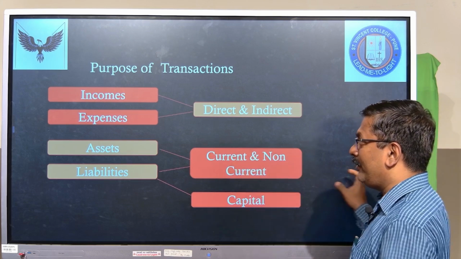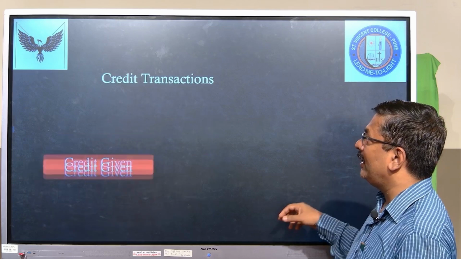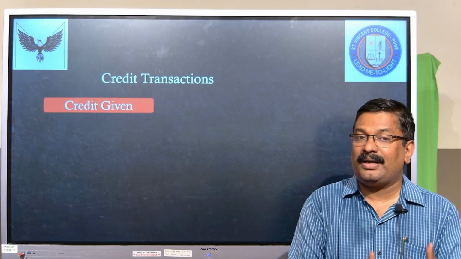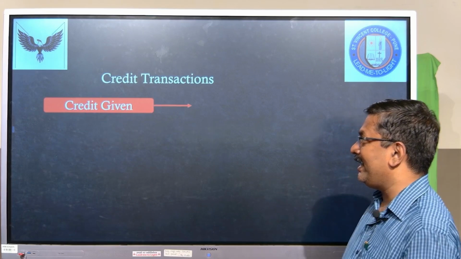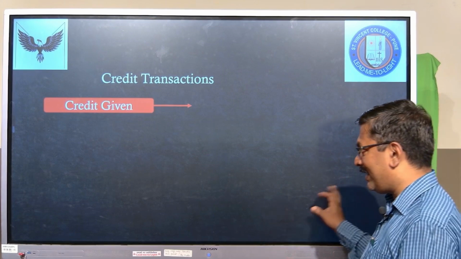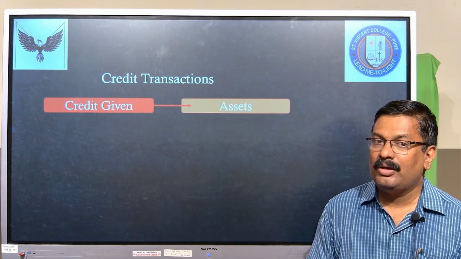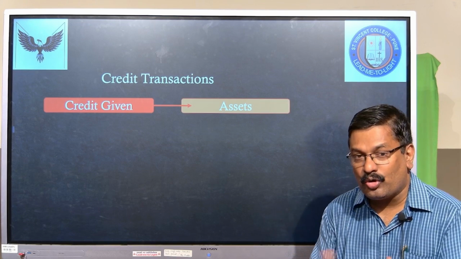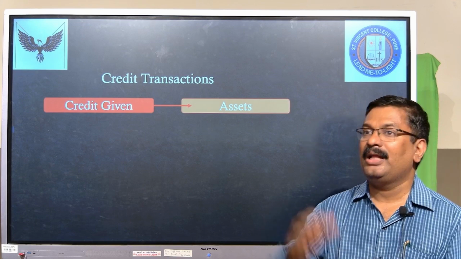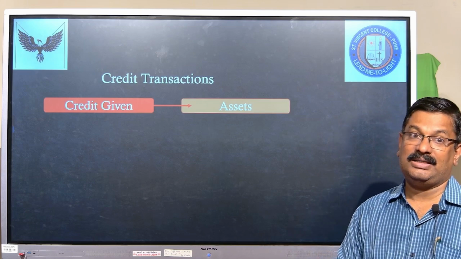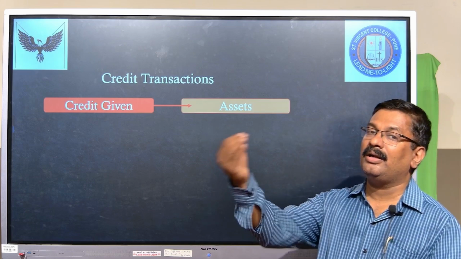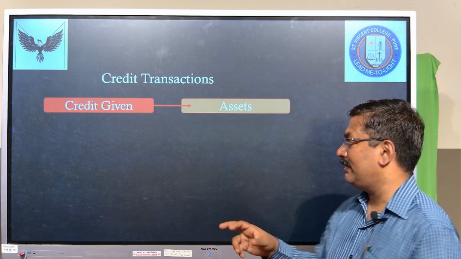Now, I told you direct and indirect. When a credit transaction takes place, how does it take place? For example, I have given goods on credit, like sold goods on credit. What does it mean? That person is an asset to me, meaning that person will return the money to me, and is called a debtor.